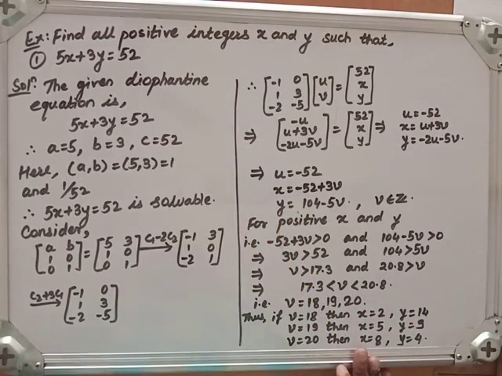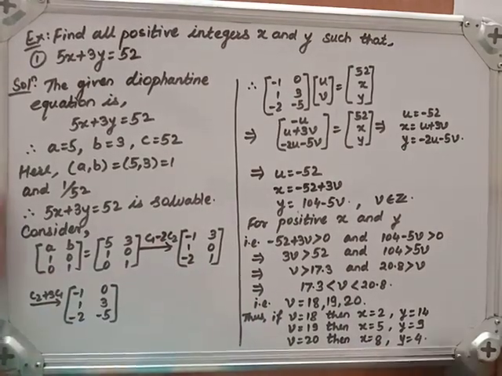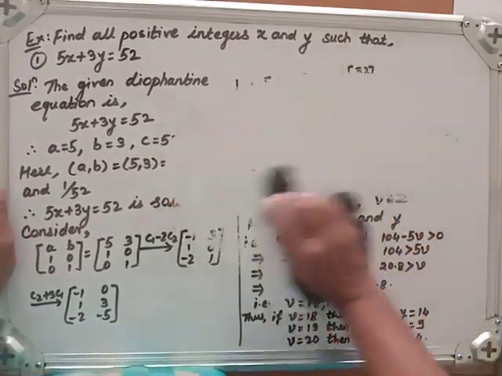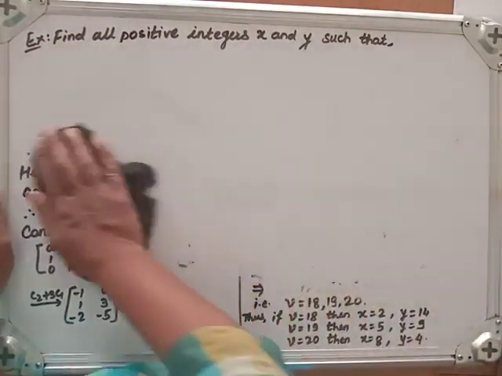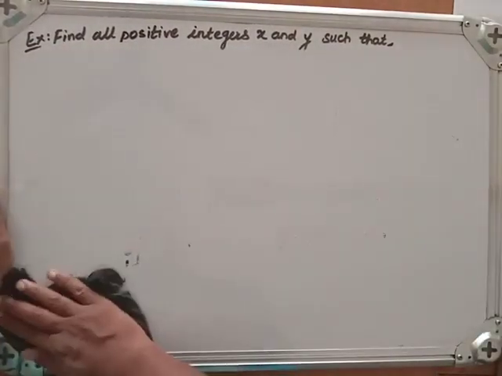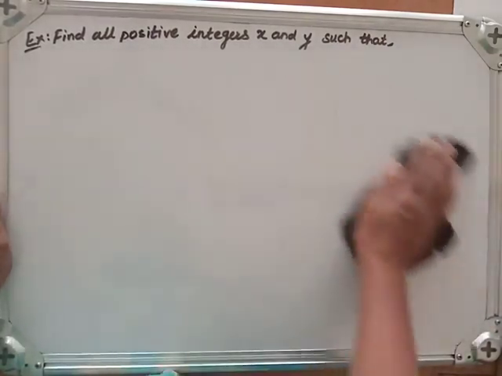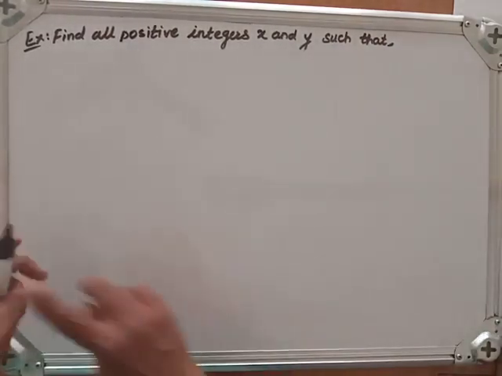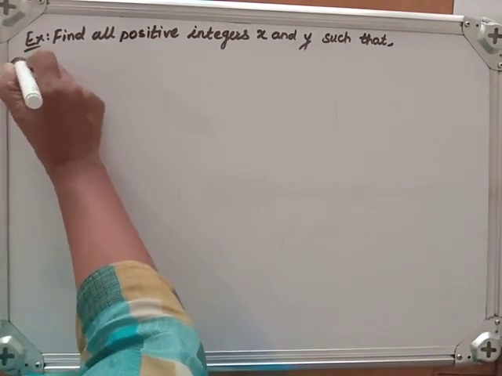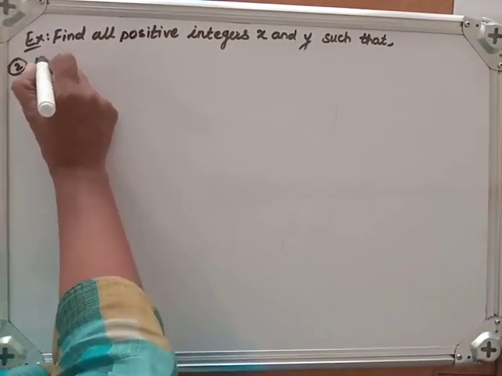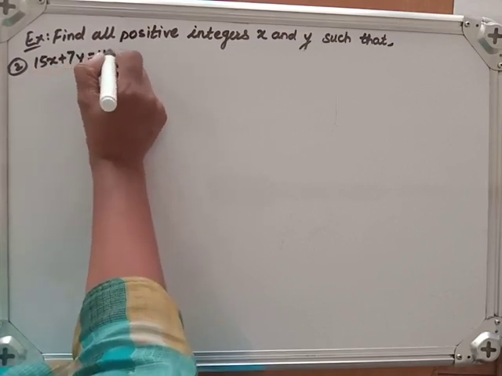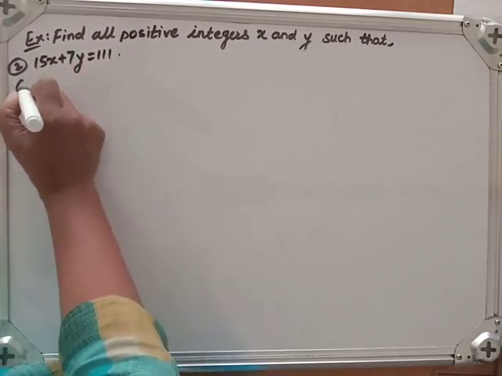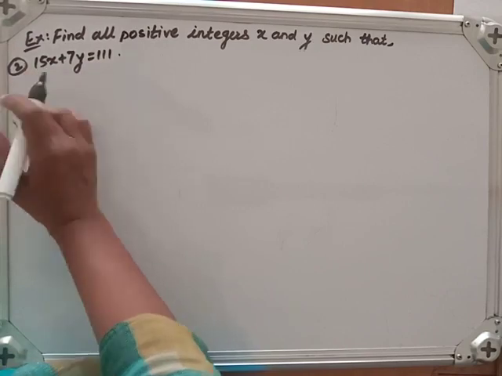Similarly, let me solve some more problems of the same kind. So, let me take the second one: 15x plus 7y is equal to 111.